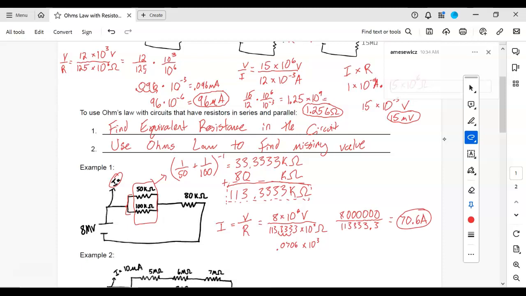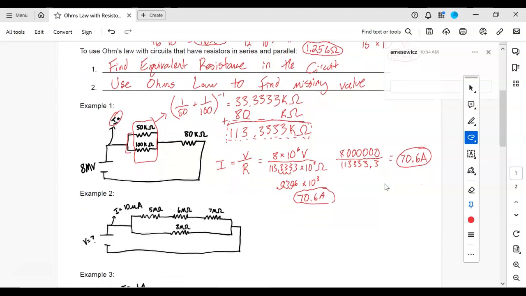So if we move this back 1, 2, 3 here, like we would have to do to convert this back to the standard, that would give us the 70.6 regular amps. Either way you do this, you get the same answer. It's just written differently.